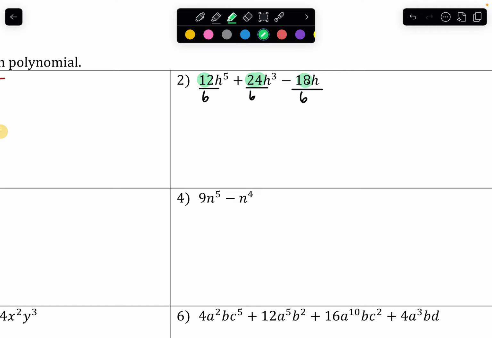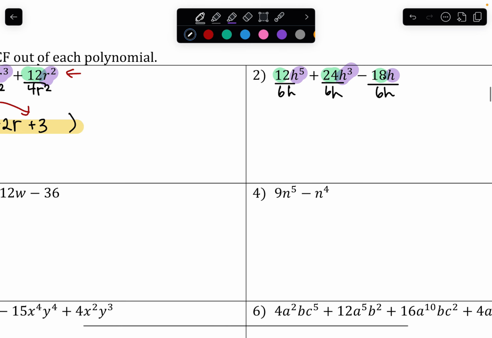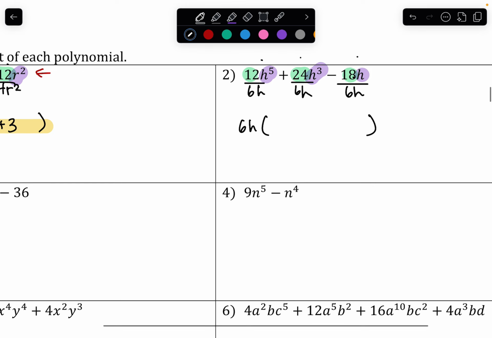And then looking at our variables, we have h to the 5th. We have h to the 3rd, and then we just have h. And so h is going to be our variable GCF. So put the 6h outside the parentheses, and then leave room for 1, 2, 3 terms. Okay, that leaves me with 2h to the 4th.